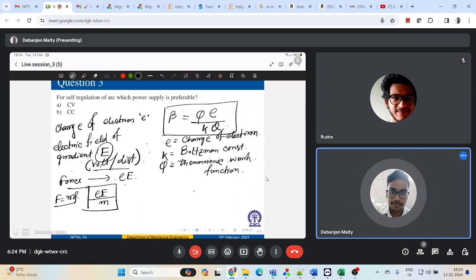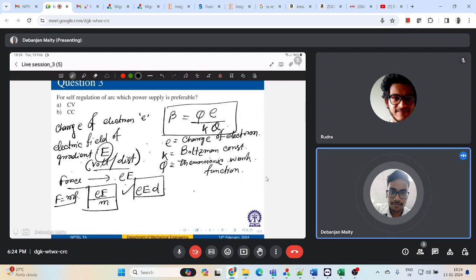So if it travels through a distance d, let's say, before colliding with another particle, which can be a neutral atom or another electron, it will have a kinetic energy of this, my force E into d, right? And this kinetic energy is nothing but heat, and it manifests itself through increased temperature.